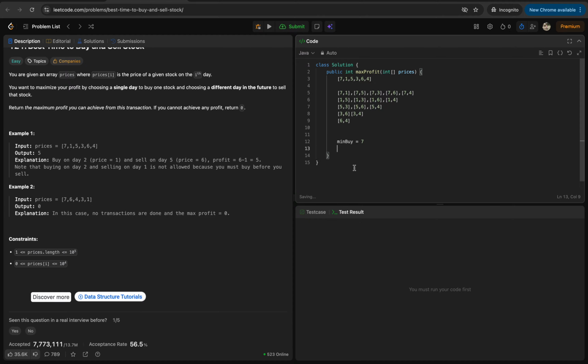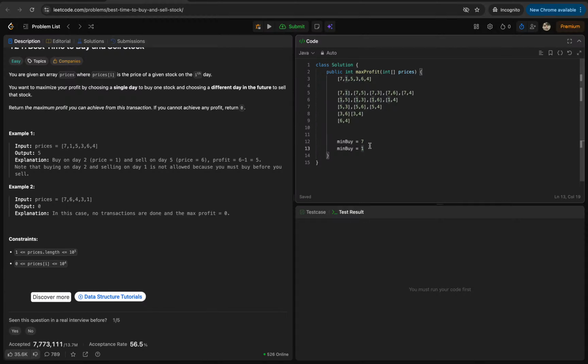Now when we are at 1, min buy price is 1, and profit is still 0 because if we buy at 7 and sell at 1, then it is... you want maximum profit: choose a single day to buy and a different day to sell the stock, and return the maximum profit achieved from this transaction. If you cannot achieve any profit, तो पॉजिटिव ही होता है ना. सो अगर हमारे दो ही नंबर्स है 7 and 1 तो 0 आएगा आंसर, बिकॉज इफ वी बाई एट 7 and सेल एट 1 तो -6 हो जाएगा, विच इज़ नॉट द आंसर.